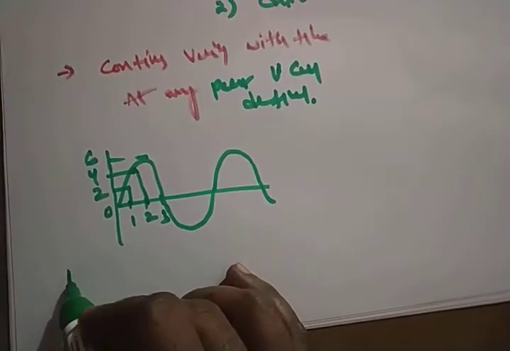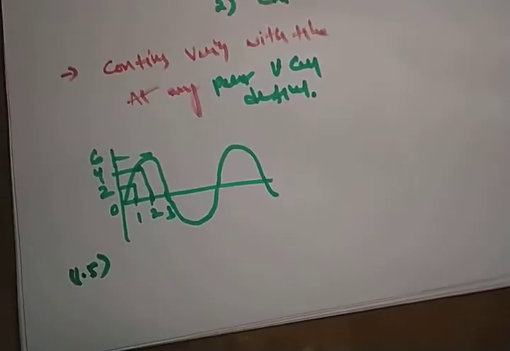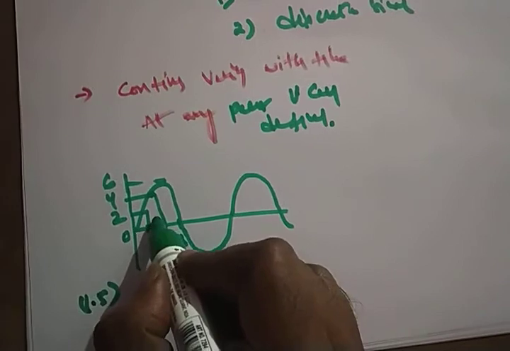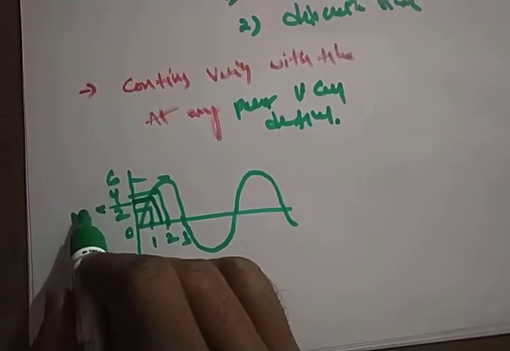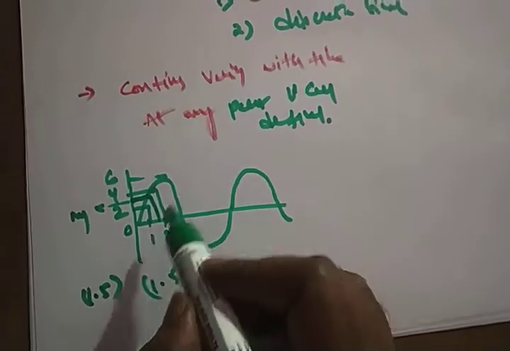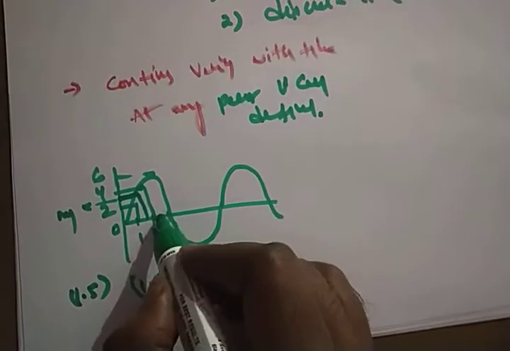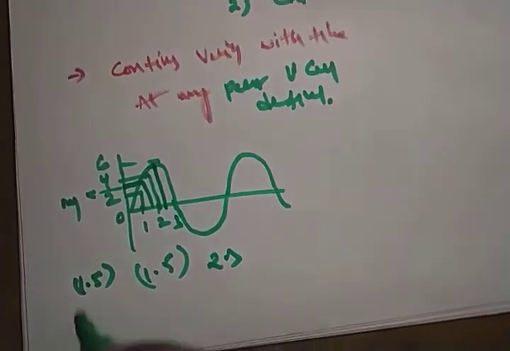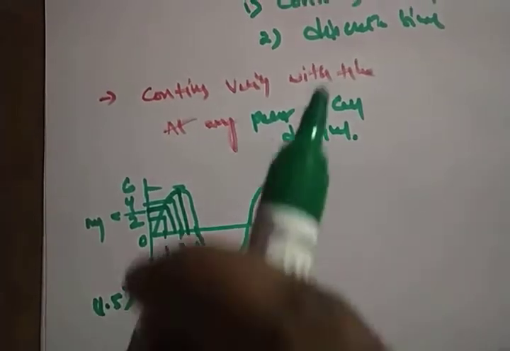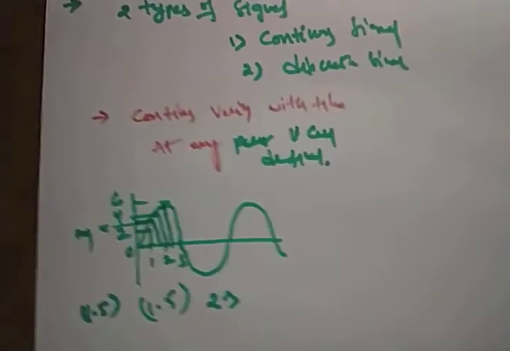If you want to find the value at time 1.5, definitely you will get the magnitude. Whatever the value is here, you can find the magnitude. Or else 2.3, you can easily get it because you have a magnitude value here. That means it varies continuously with time. At any point, you can define a value of the signal.